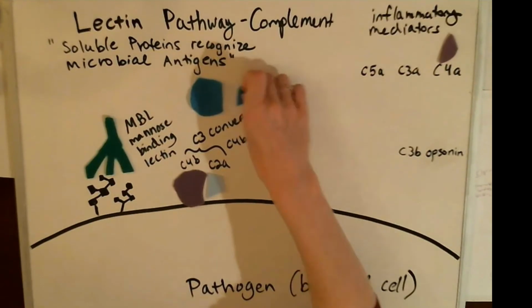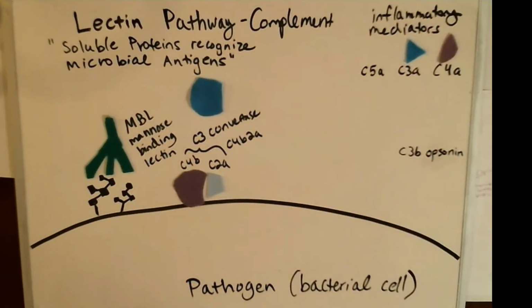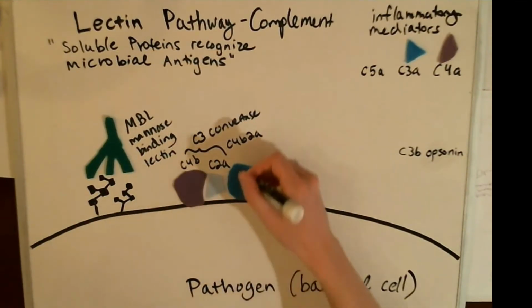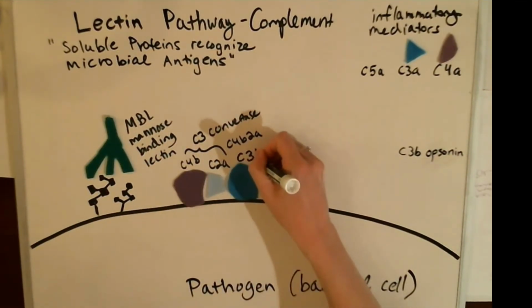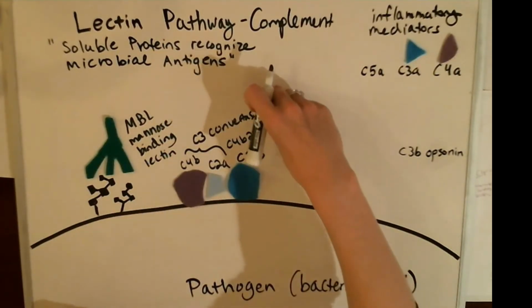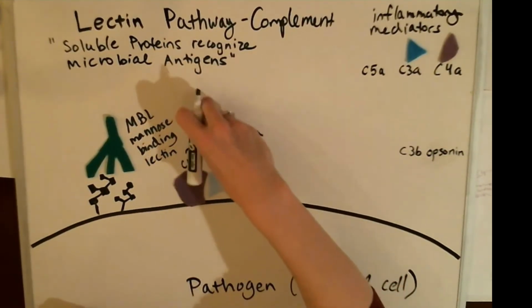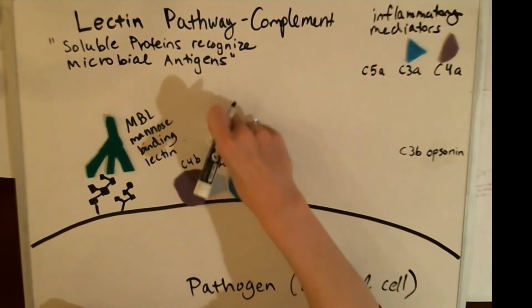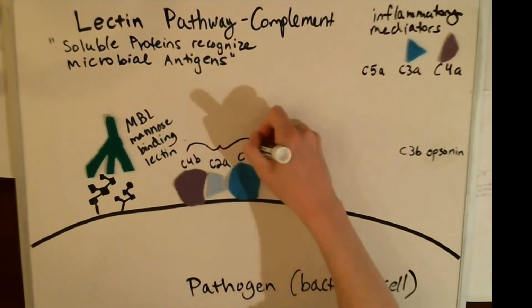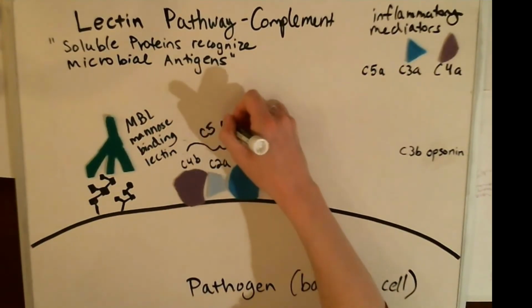So then the next thing that would happen is C3 is acted upon by the C3 convertase. We make C3a, which is our inflammatory mediator. We make C3b, which comes down here, associates with C4b and C2a. And now this entire complex is referred to as C5 convertase.